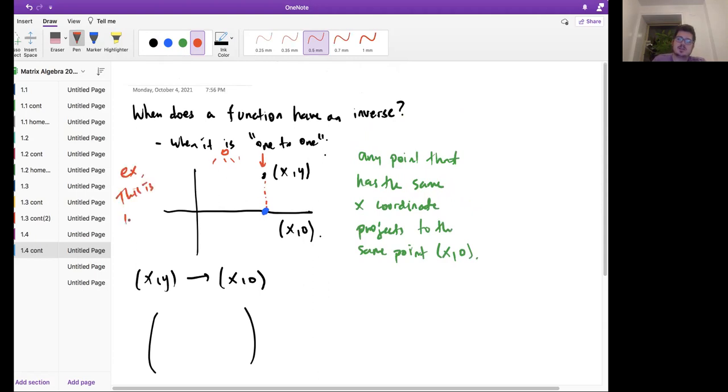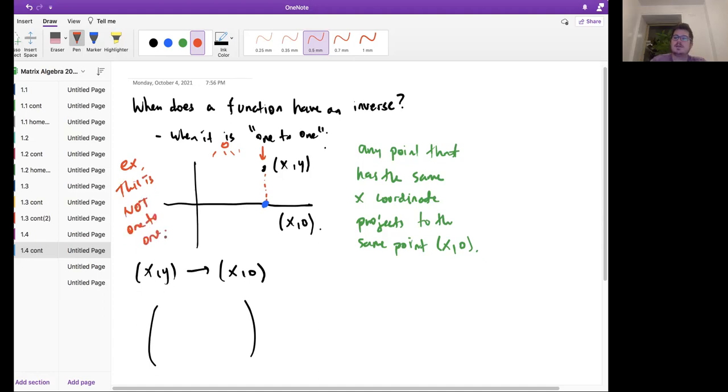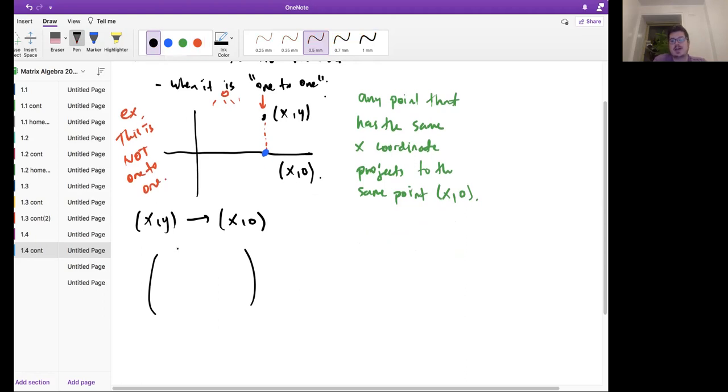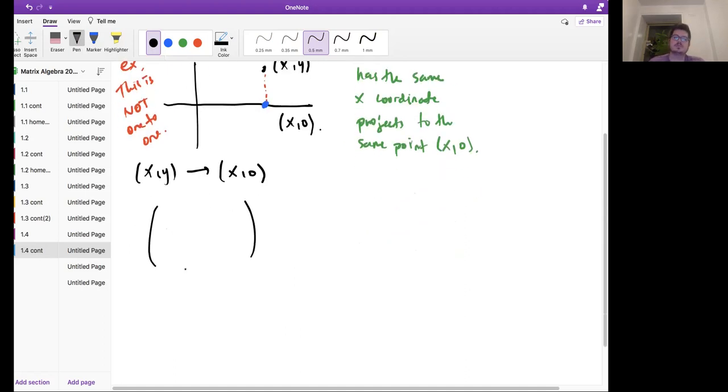So what matrix does this action, sending x, y to just make the y 0? So what is the first row? The first row are the x, y coefficients of the first one. So there's 1 x and 0 y.